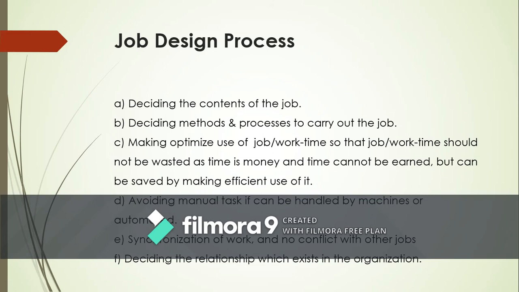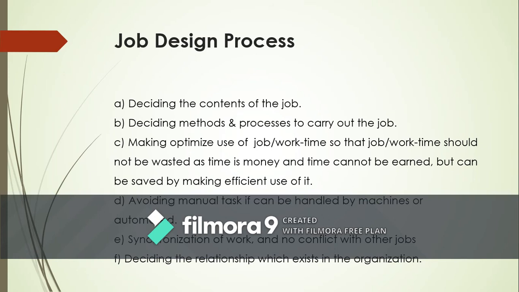So manual tasks should be much avoided, and machines or automation should be brought in, so that there could be less interference of people and more of machine, because machine, once you give the input they give the output, whereas people may take more time, which is one of the important resources in an industry, and maybe there could be some defects or deficiencies that could be the reason for the low productivity.